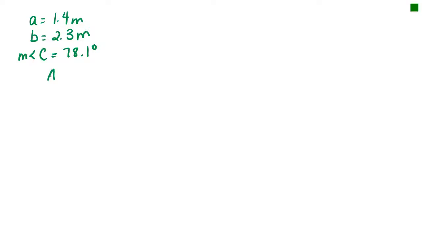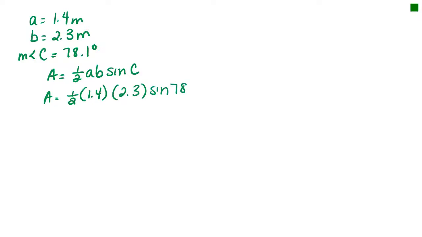I know A and B, and the angle in between them, which is C. Make sure all the letters are there: two of them are sides and one of them is the angle. I just substitute in 1/2 times 1.4 times 2.3 times the sine of 78.1. Type that on the calculator, make sure I'm in degree mode, and I get 1.6 meters, and then the area is squared.